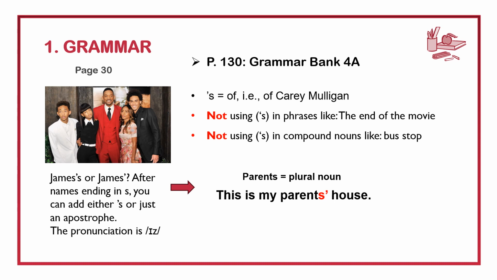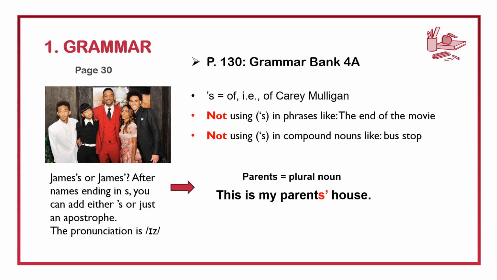But it's James's laptop. So here we have a name, James, that already ends in S. So when it is like that, we add apostrophe S and then the pronunciation changes to is. So we say James's laptop.